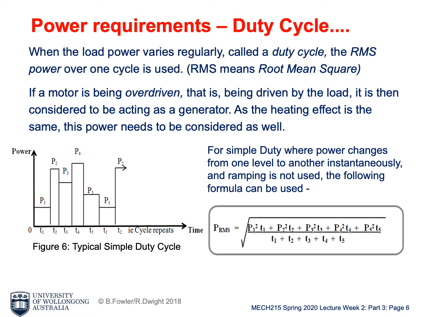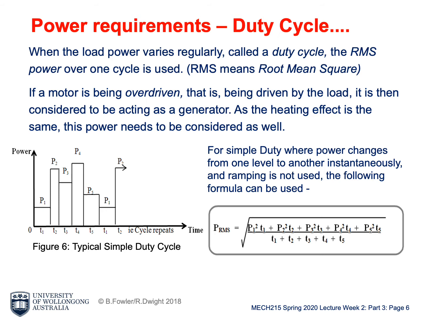So the formula to calculate it is that the RMS power, the root mean square power, is equal to the square root of P1 squared T1 plus P2 squared T2 and so on, divided by total time. So it's the time multiplied with the power squared for each part, then do the square root. This is how we calculate the average of the power.